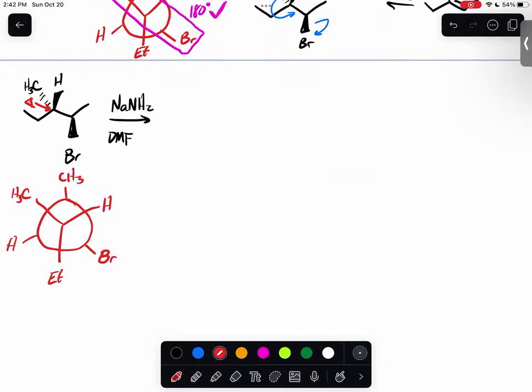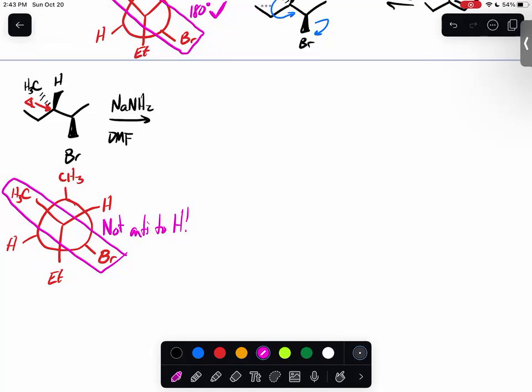Looking at this, what is 180 degrees from the bromine? It's the CH3, right? So it's not anti to a hydrogen. So that technically means we can't do E2 here. It is not possible from this current position.